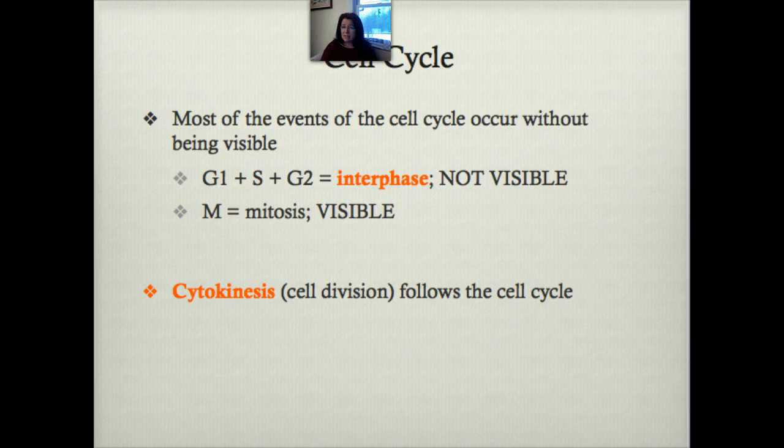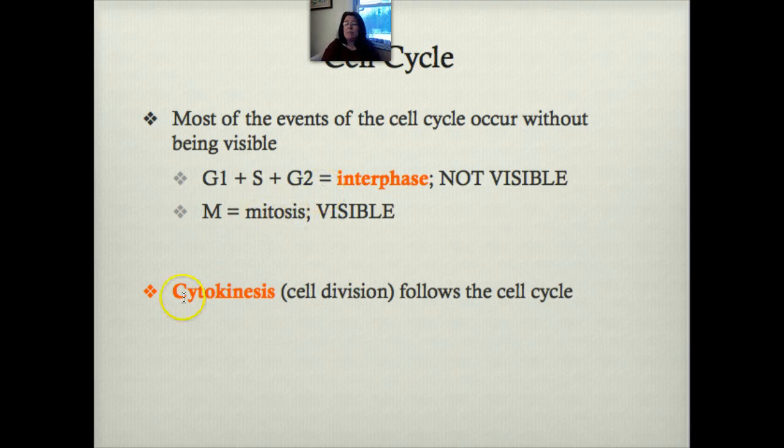The things that are being doubled during those stages, the contents of the cytoplasm, the organelles, and even the DNA itself in the chromosomes, those things are not visible to our eye underneath a light microscope. For that reason, we often group them together, the first three stages, and call that part the interphase. So you'll often hear or read about the cell cycle in terms of interphase and M.